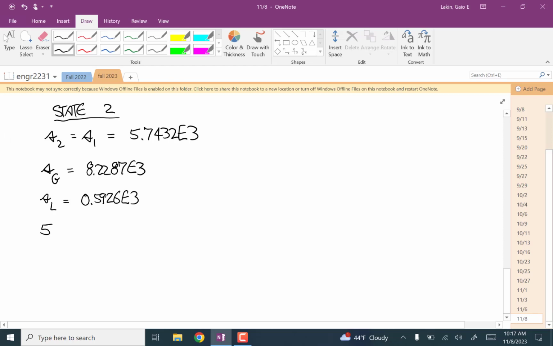And so we can set up an equation, 5.7432 times 10 to the third is equal to X times the specific entropy for the gas, plus 1 minus X times the specific entropy for the liquid.